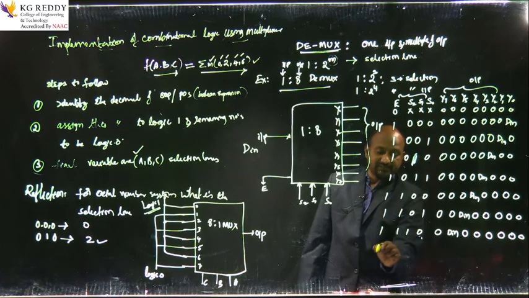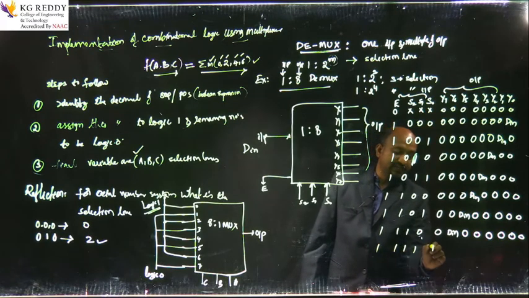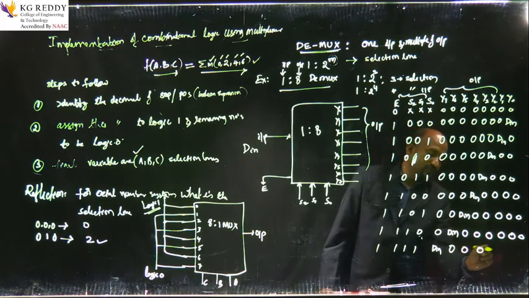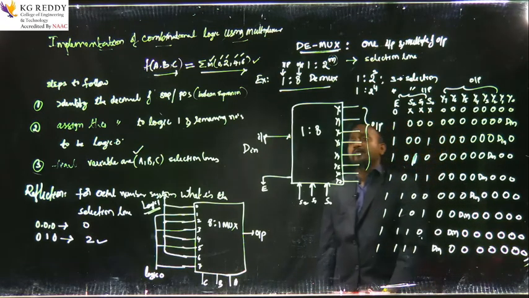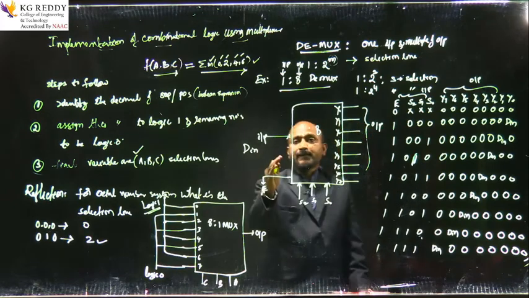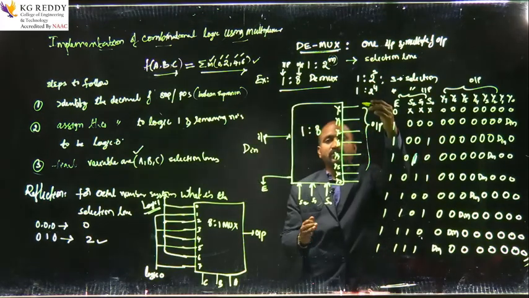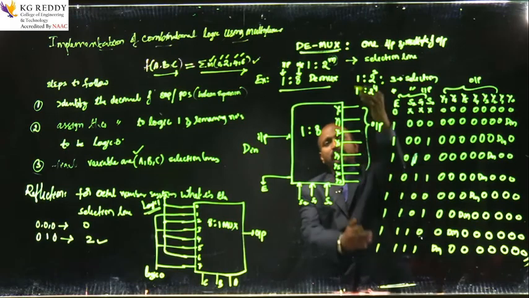The last one is the 7th: 1, 1, 1 means we get D in at Y7, and the remaining are all 0. This is what we call the DEMUX: single input, multiple outputs.